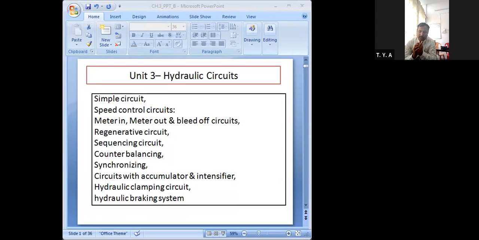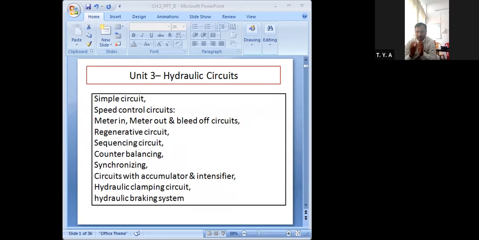Then we will discuss the regenerative circuit, sequencing circuit, counterbalancing circuit, and synchronizing circuit. Then circuits with the accumulator and the intensifier, and at last some industrial applications, namely the hydraulic clamping circuit and the hydraulic braking system. These are the contents of unit number 3.